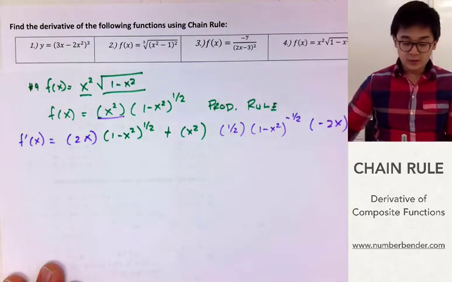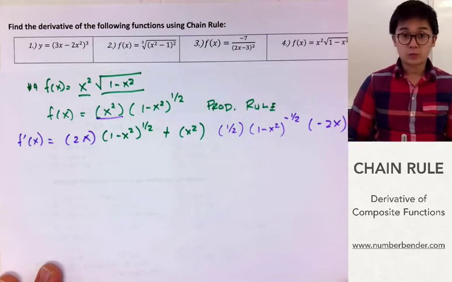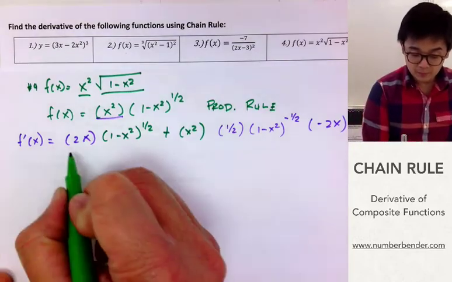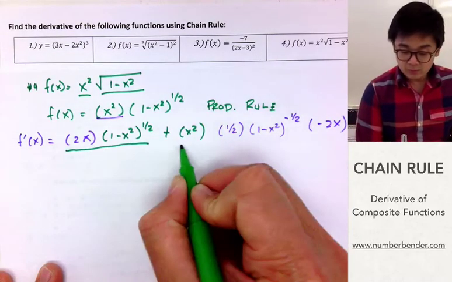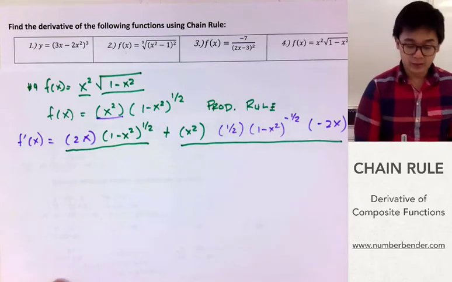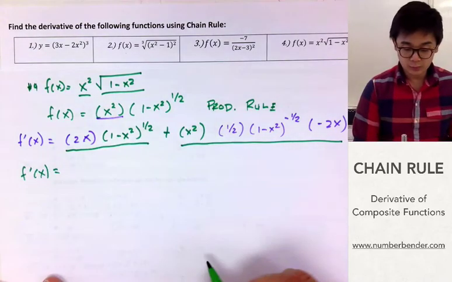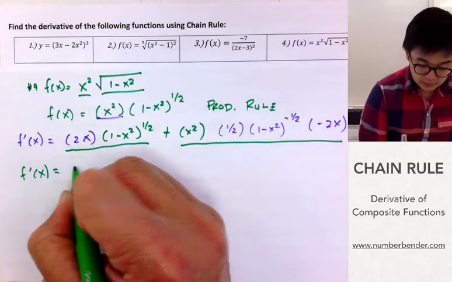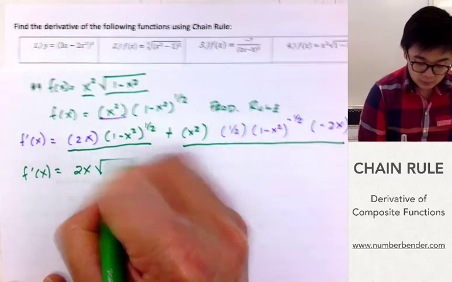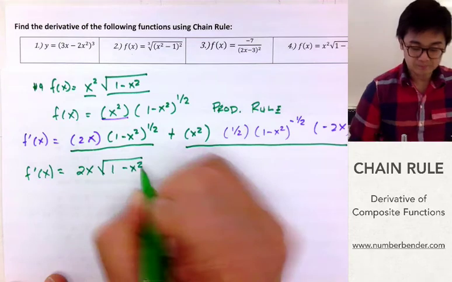So now that we have the derivative of the function using the product rule, we can simplify this term and this term over here. So our f prime of x, if we're going to simplify the first group, is simply 2x square root of 1 minus x squared.